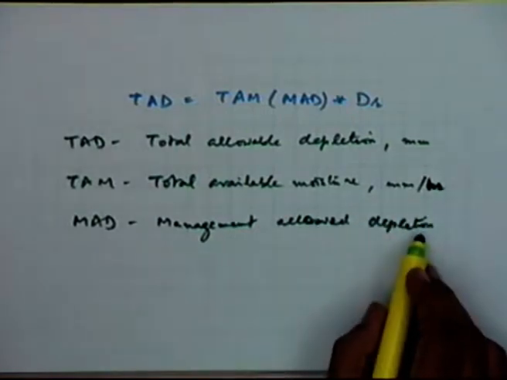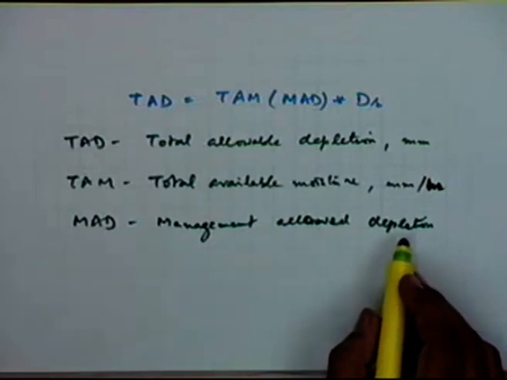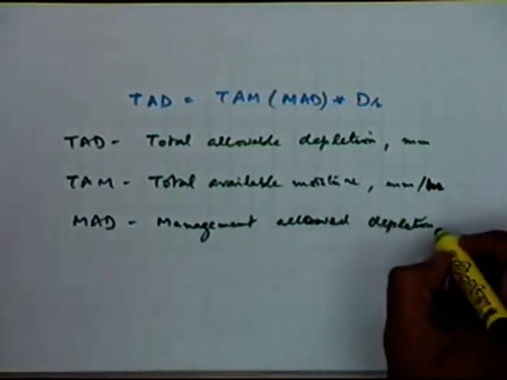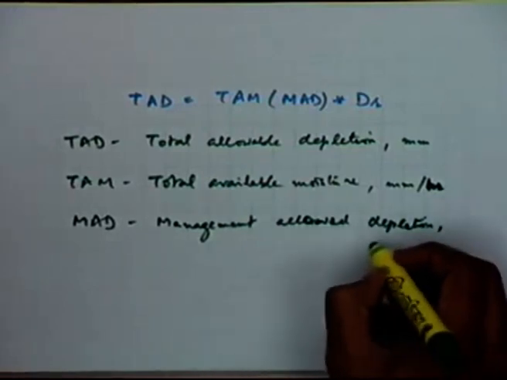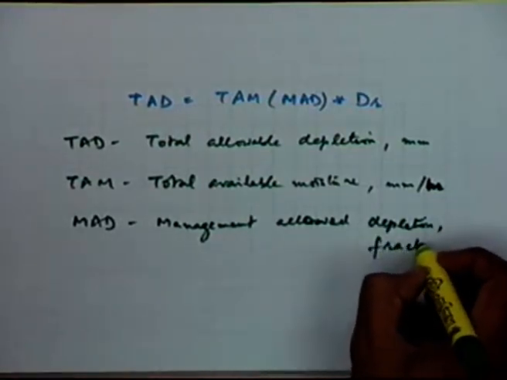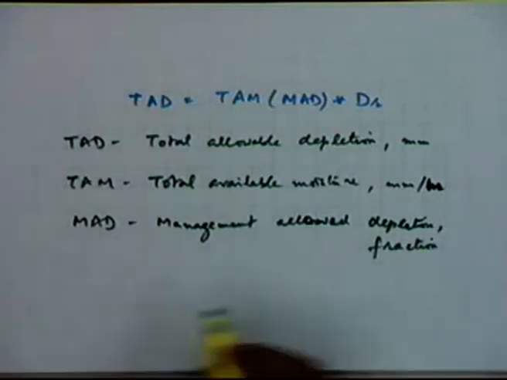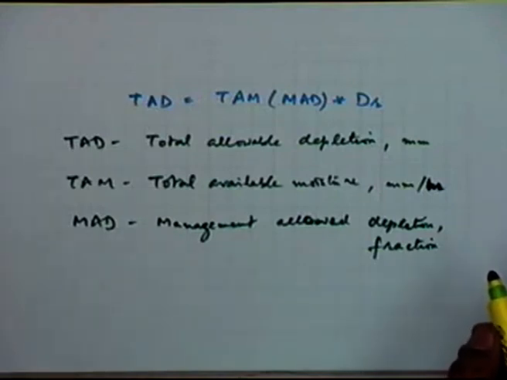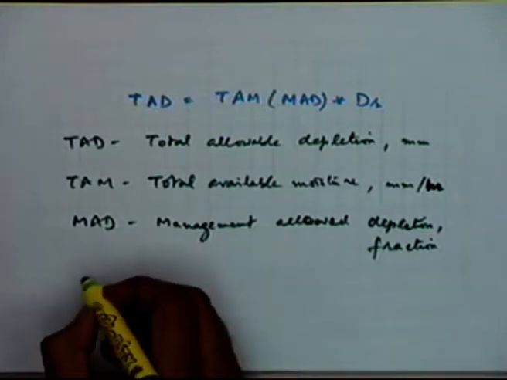This is something which is a prerogative of either the management or the farmer, and this is expressed in fraction, whether you will deplete 50% of the available moisture or up to 60% or up to 40%.